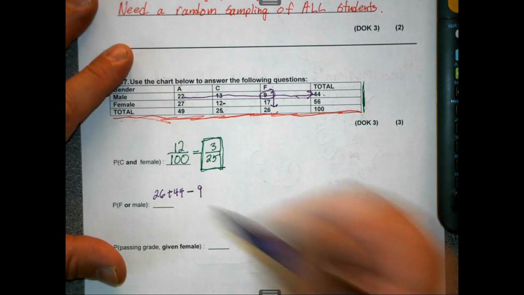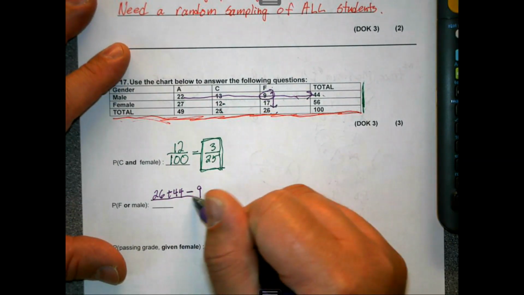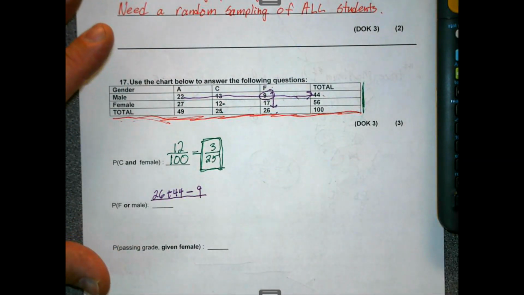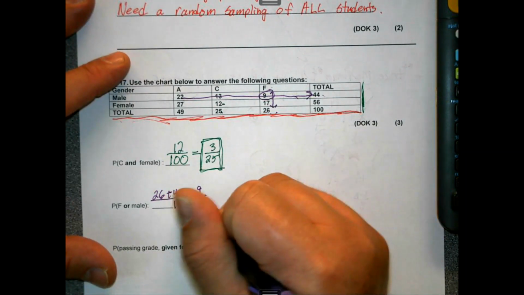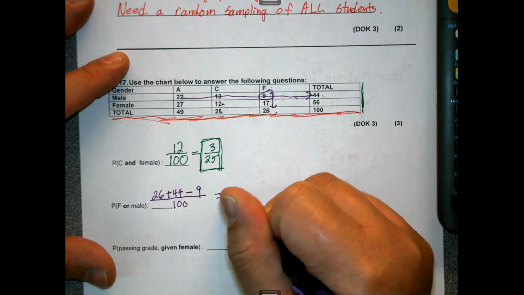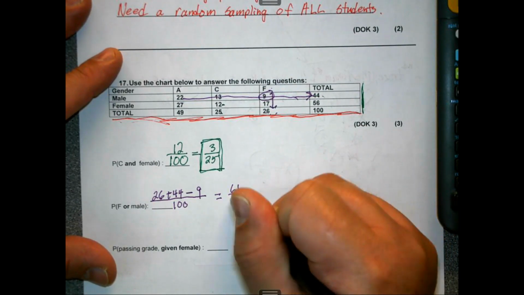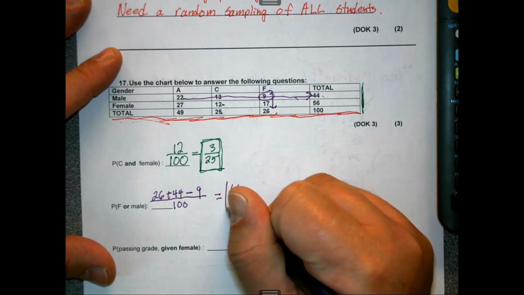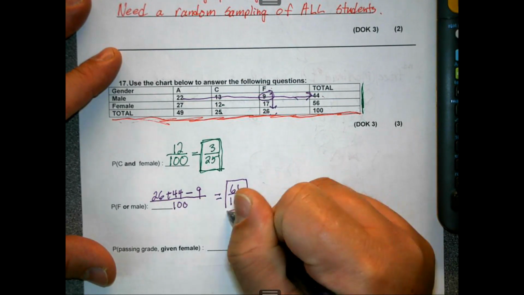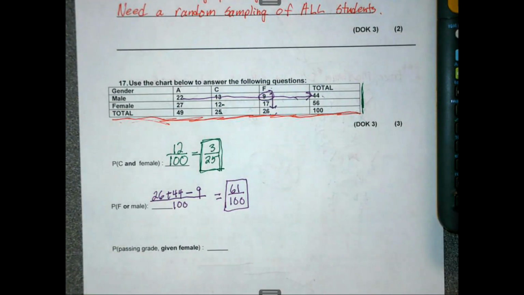What's our denominator? 100. Good. So we get 70 minus 9, which is 61 over 100. And that cannot be reduced.